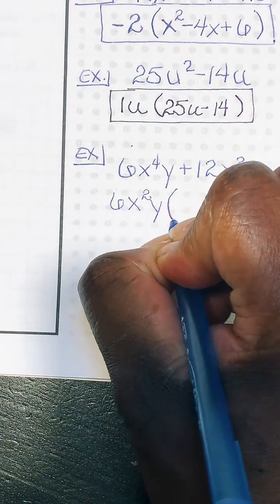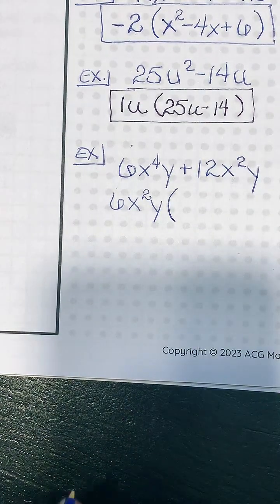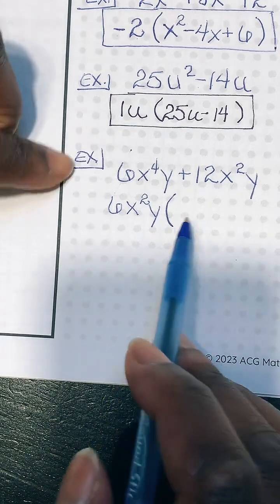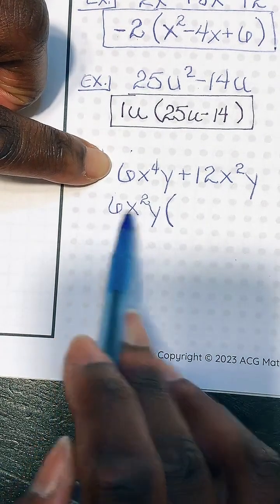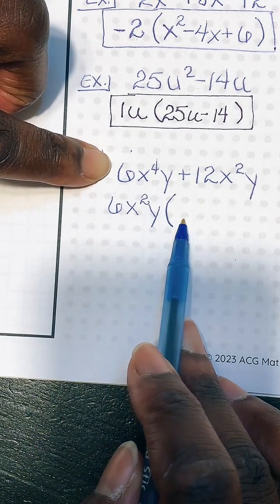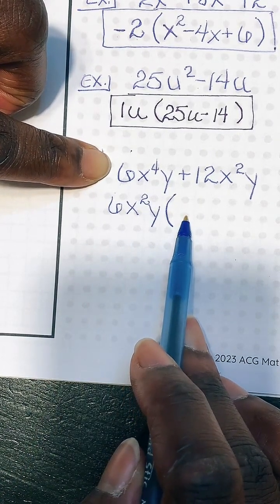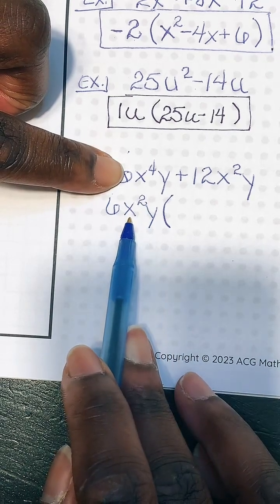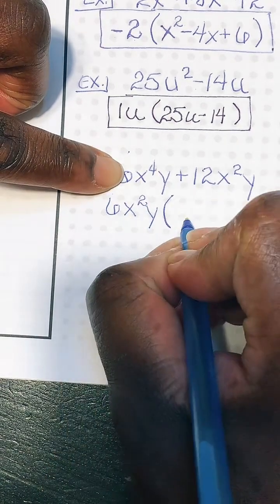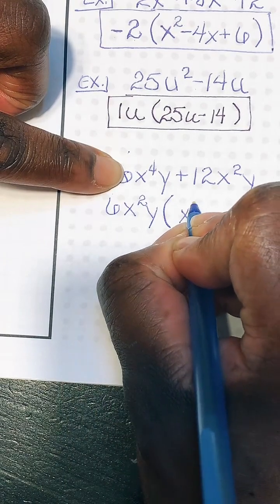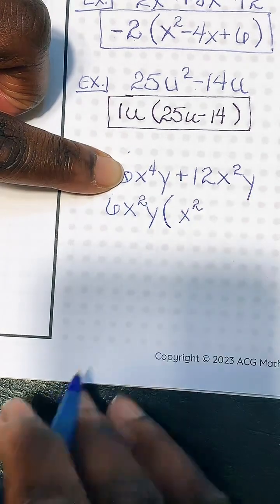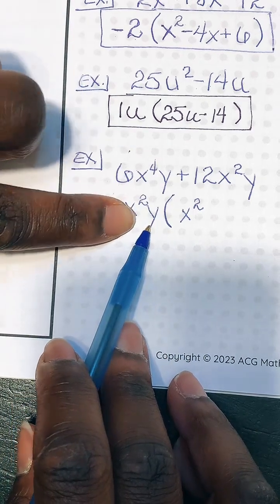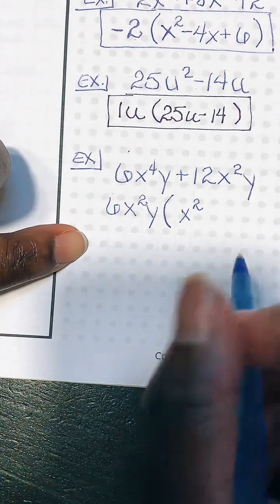So we're coming to the parenthesis. Now let's divide. 6 divided by 6 gives me 1. I could write the 1, but it's also understood to be there. I have 4 x's. I pulled out 2 x's. So that means there were 2 x's left. There was 1 y. We pulled out a y. There's no y's left.